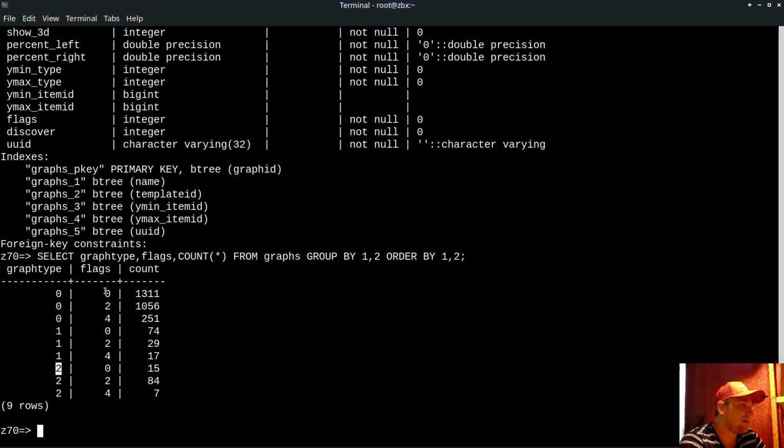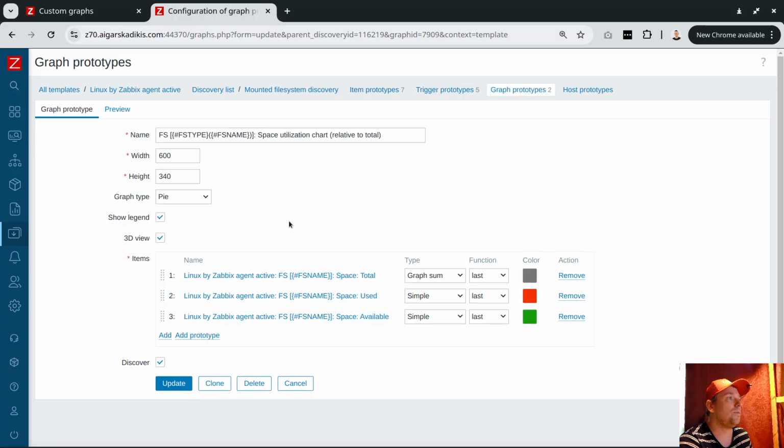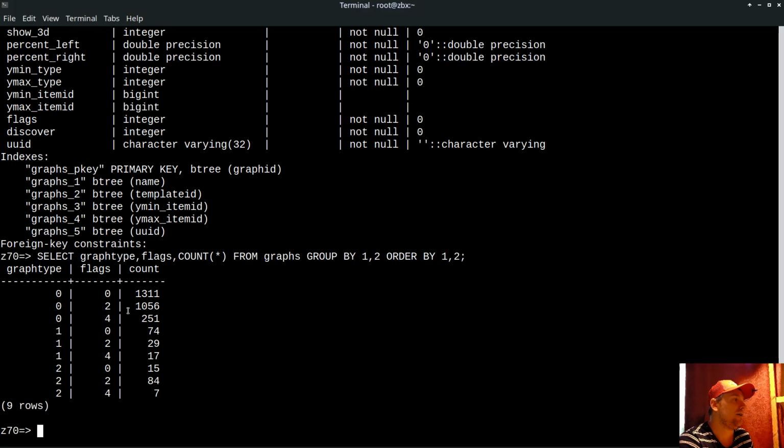And the flag 2 is a prototype, like if we go back here, we are visiting graph prototypes, so number 2 references the prototype. Flag 4 is the outcome of the prototype, which is generated from that, and 0 is the remaining group, which is not related to the LLD rule.